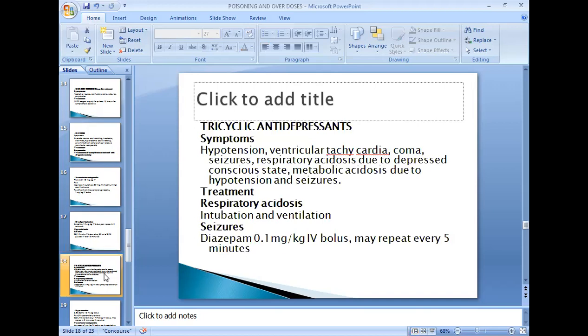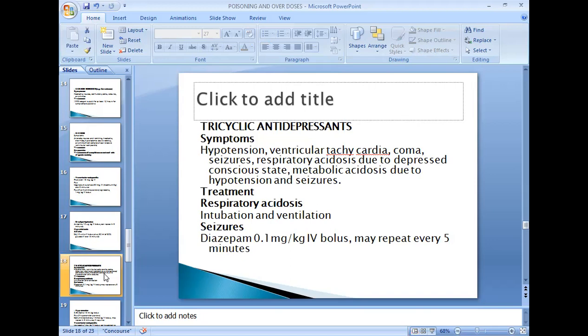Now, tricyclic antidepressant drugs can be toxic, showing symptoms of hypotension, ventricular tachycardia, coma, seizure, respiratory acidosis, and even metabolic acidosis. The treatment includes ventilation or intubation for respiratory acidosis due to loss of oxygen supply.